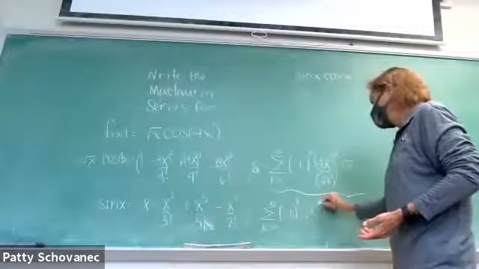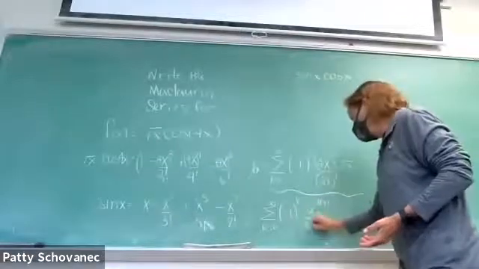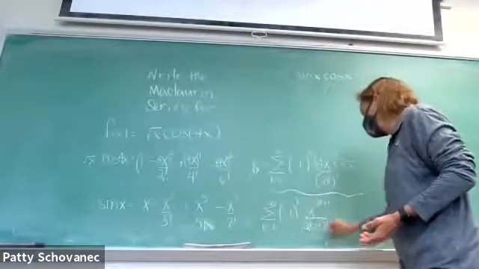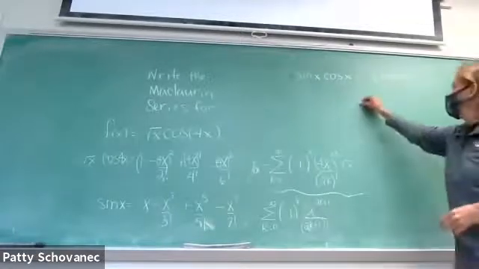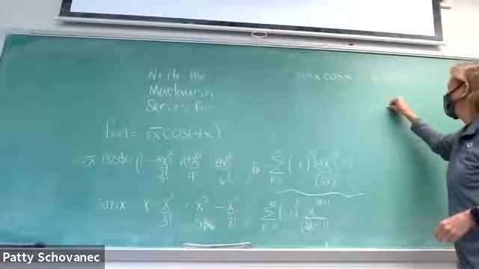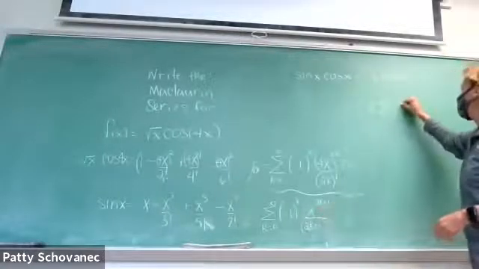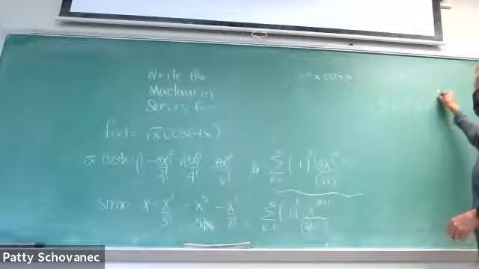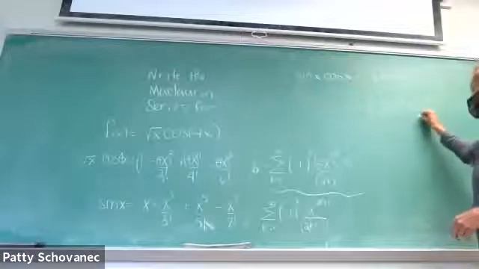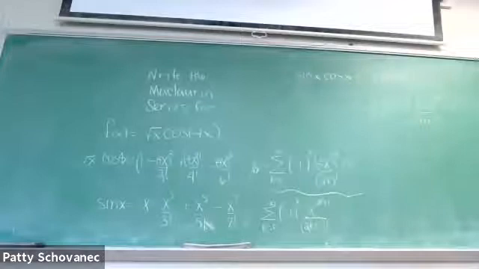So 2k will be even, 2k plus 1 would be odd. The power series for this one should have a 1/2 out front, and now I'm going to replace x with 2x. And there it is. Multiplication is not a term-by-term operation.